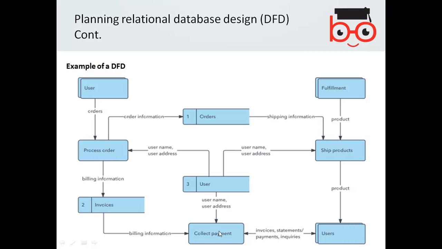Any particular user provides the username and the address to the collection payment unit. So in this way, the shipping products is activated once the user gives the username and address, and fulfillment is done by shipping the product to the user. So that is kind of data flow that really makes it clear.